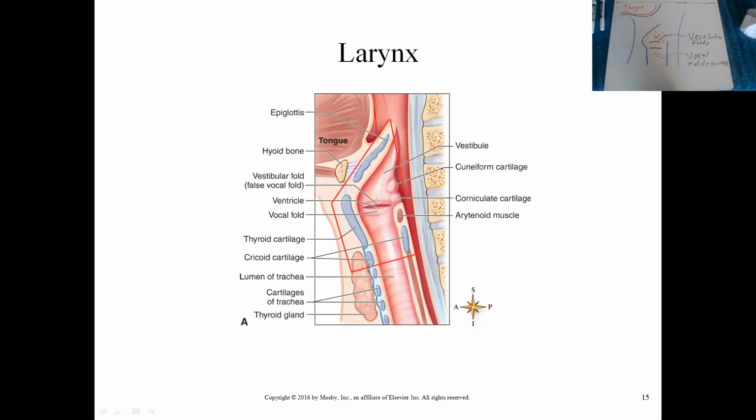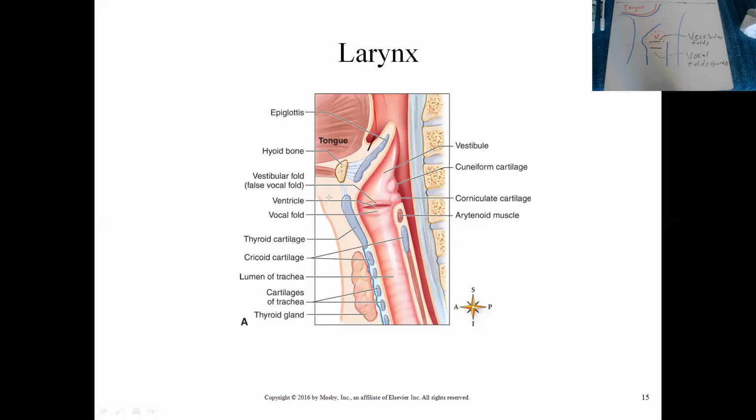We can see the two fold pairs, vocal and vestibular. A few things I want to point out here. First off, you'll notice there are two tubes in the neck. I'll try to outline this in black, since red is already on here.